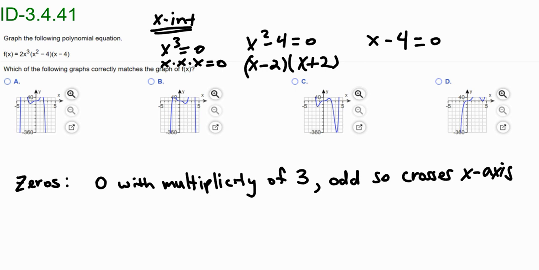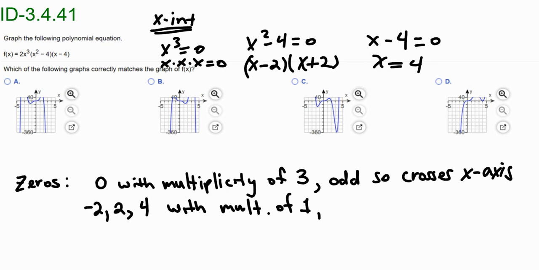So I have negative 2 and positive 2. And also this one gives me x equals 4. All of those have a multiplicity of 1, which is odd. So crosses at the x-axis.